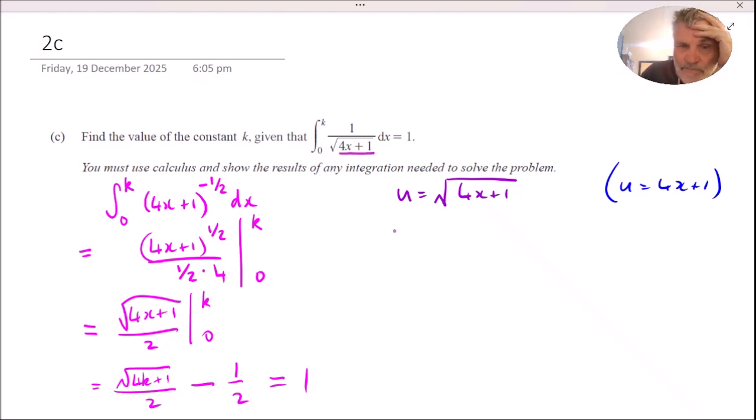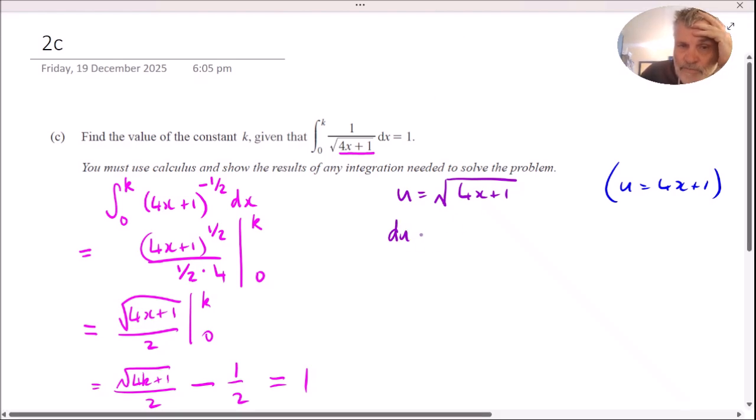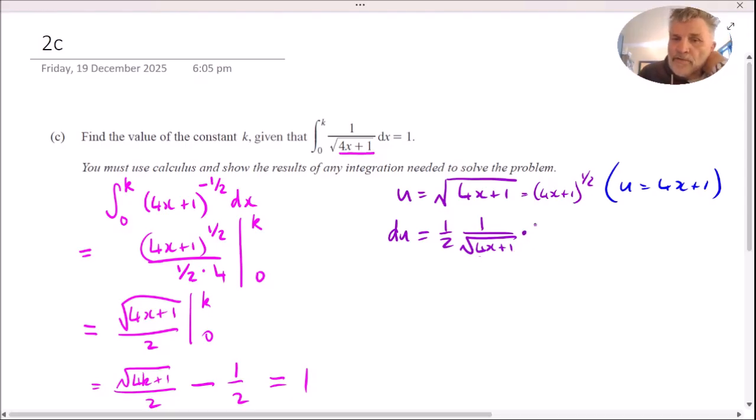Anyway, let's do this. Du, so we're differentiating. This is something to the power of a half. So we get a half, the same thing to the power of minus a half. That just means it's a square root on the bottom. And then differentiating multiplied by the derivative of what's inside, which is the 4.